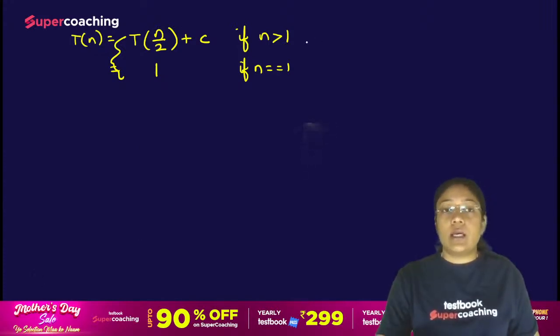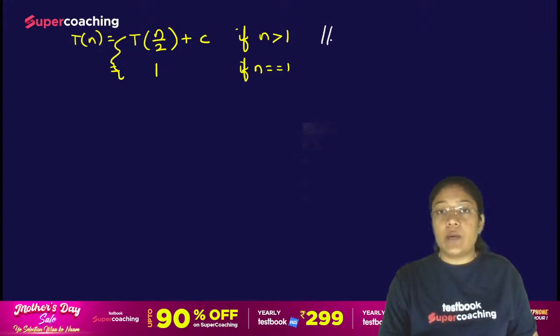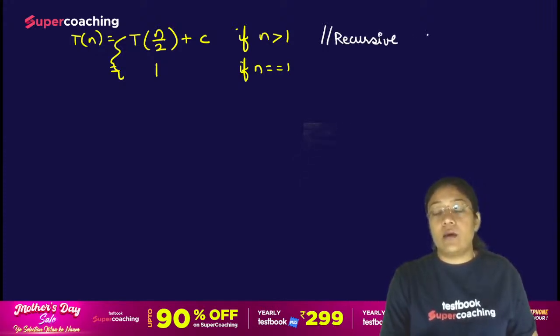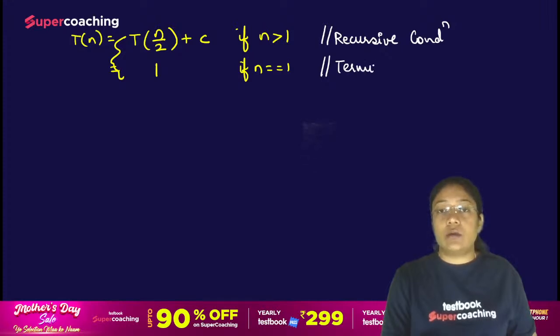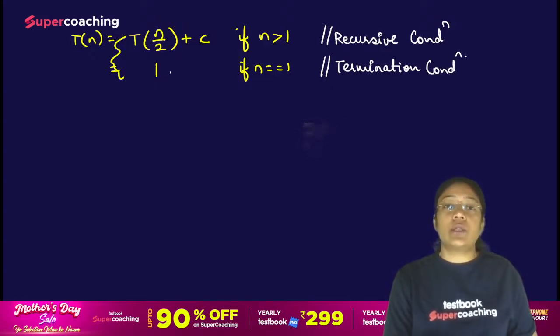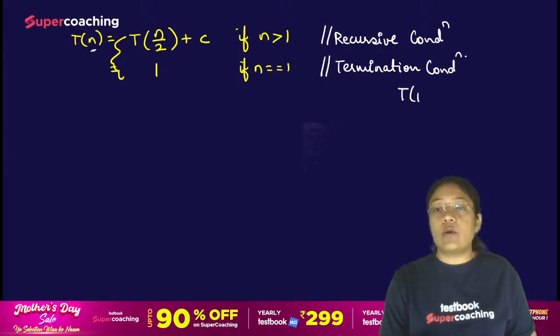So here you can determine the recursive statement and termination condition. So what is the termination condition here? If n is equal to 1, then it is returning 1. So we can say that T of 1 is equal to 1.